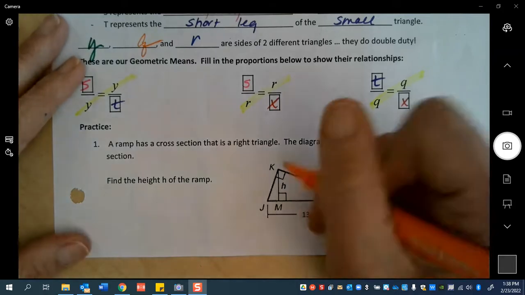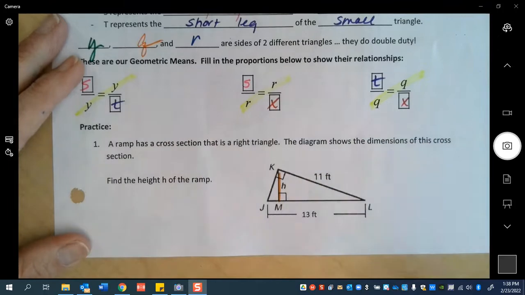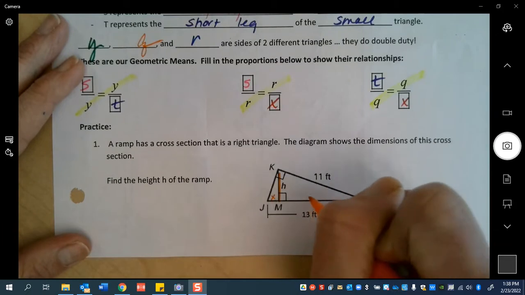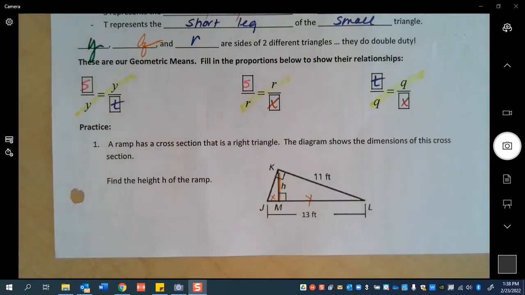If I want to find this height of the ramp, I know that that is going to be the geometric mean. We can call this x and this y. We don't have either of those values, so we can't do it. Until I get x and y, I know that they have a sum of 13, but without knowing specifically what x and y are, I can't solve it.